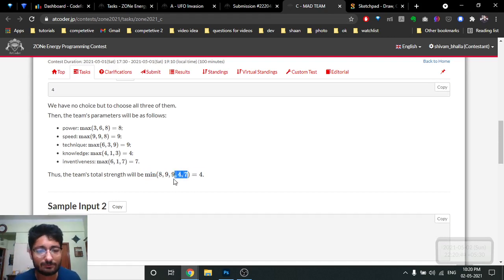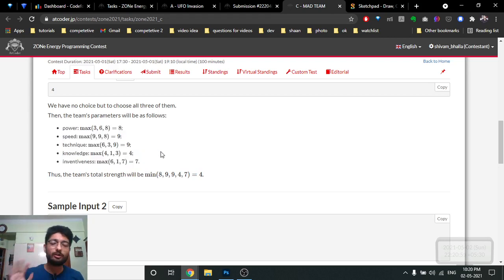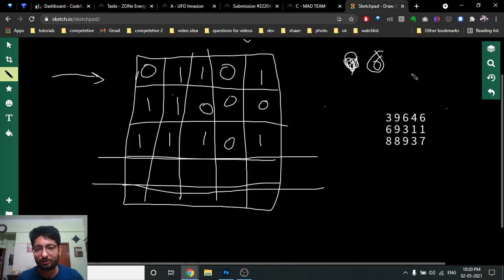There is nothing smaller than 4. I hope you get the point. The minimum tells me that among all the category values I have, like 8 9 9, nothing is smaller than 4. The smallest is 4. So if my question is that the smallest is 6, nothing is smaller than 6, because that's my power. So every category should be greater than or equal to 6.